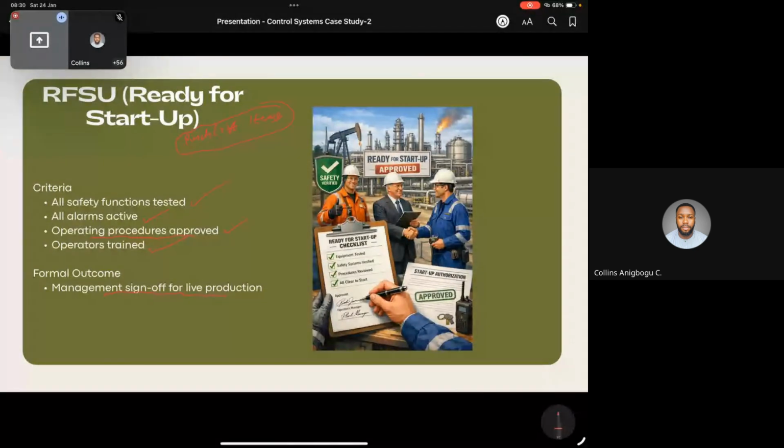But we can say that, okay, these requirements are not showstoppers, right? Without these requirements, we can still operate the plant safely, right? We still have very good insight into the process plant, right? And then we can still move to RFSU while we create a plan to clear out the punch list.